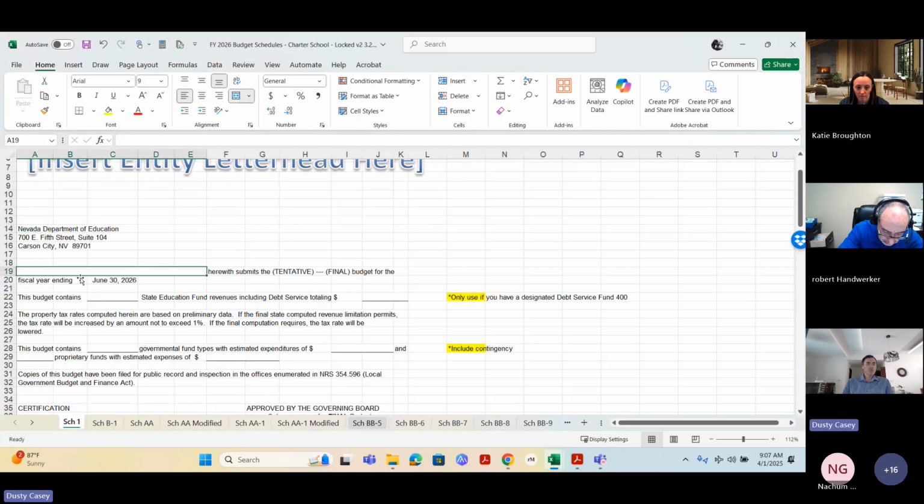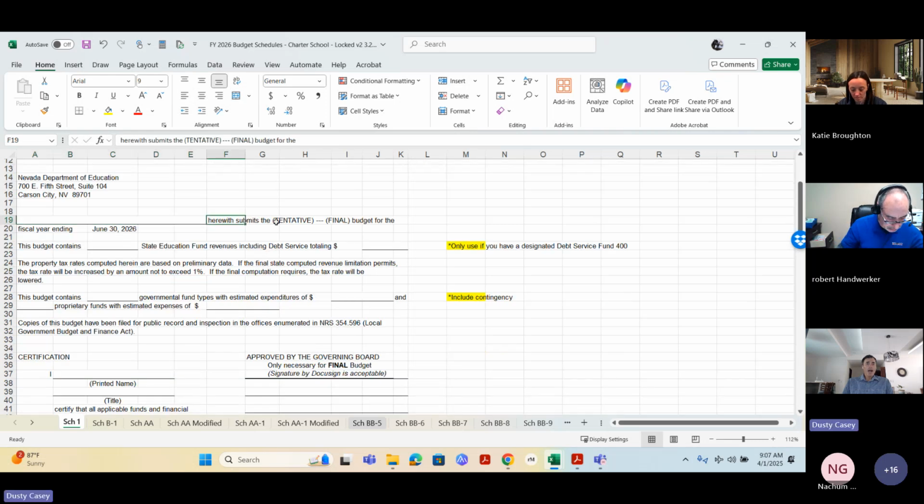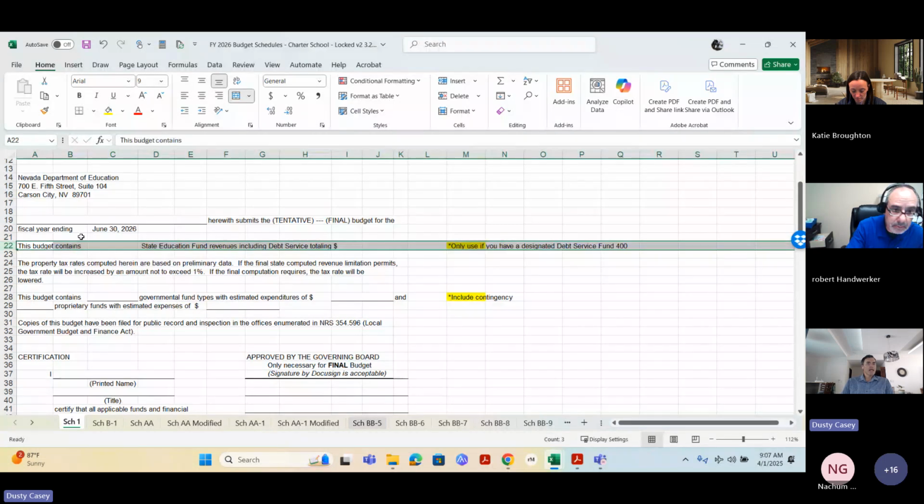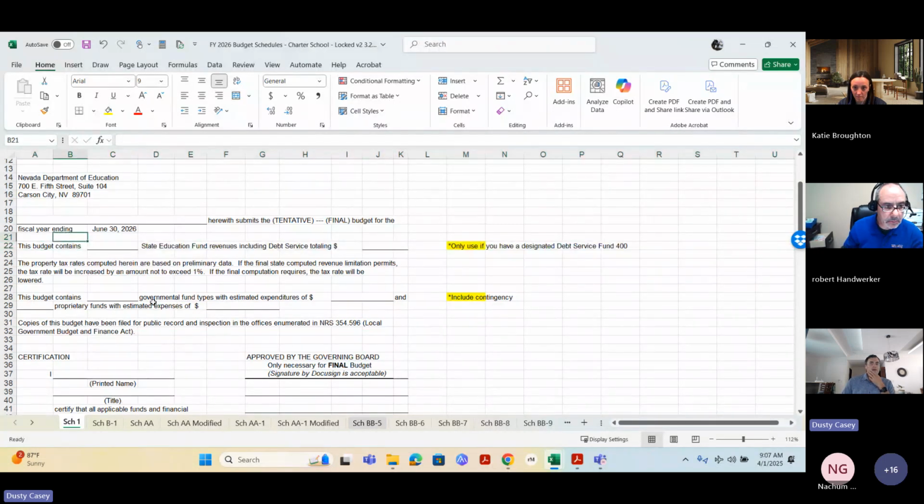You're going to put your school name here in cell A19. I would highlight that it's your tentative budget. Note that there. This line, line 22, is a new line. It wasn't in the old budget workbook. So in here, you're supposed to put a total in cell C22 of your state education revenue.